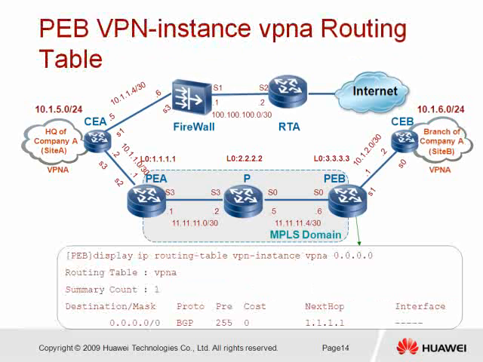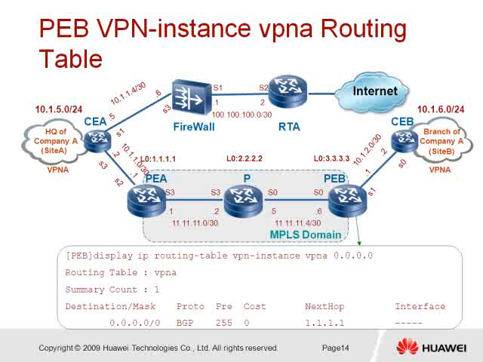Using the command display ip routing-table vpn-instance VPNA on PEB, we can see that PEB installs the default route received through MP-BGP into the VPN instance VPNA.